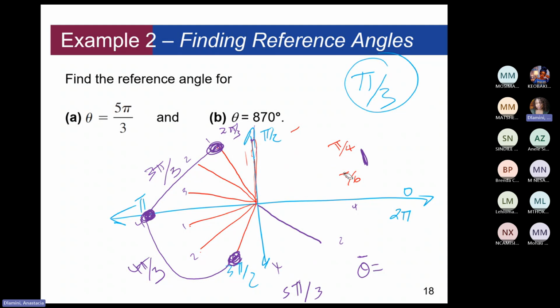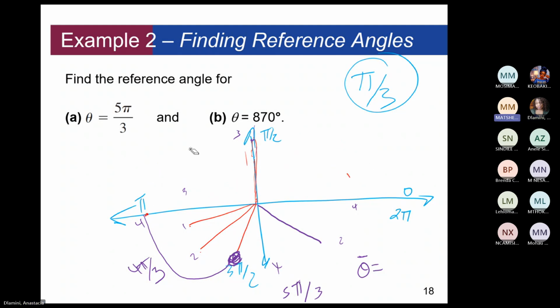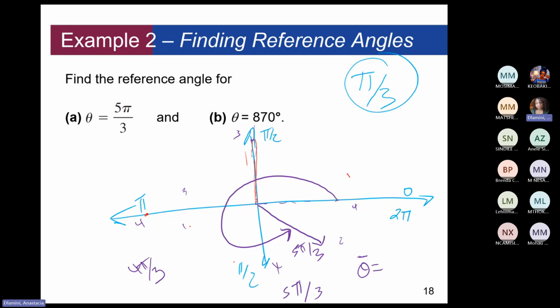So what are we going to say for us to get a reference angle? 2 pi. So we know 5 pi over 3 is from here, and it moves around like this. So that's the theta. Now the reference angle is this one over here.